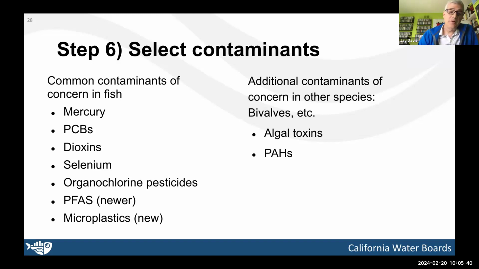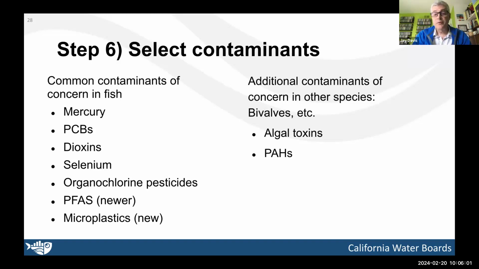In addition to the list for the fish, in bivalves, there are contaminants that fish metabolize, so they don't reach high levels in fish, but they can reach levels of concern more commonly in bivalves, like algal toxins.